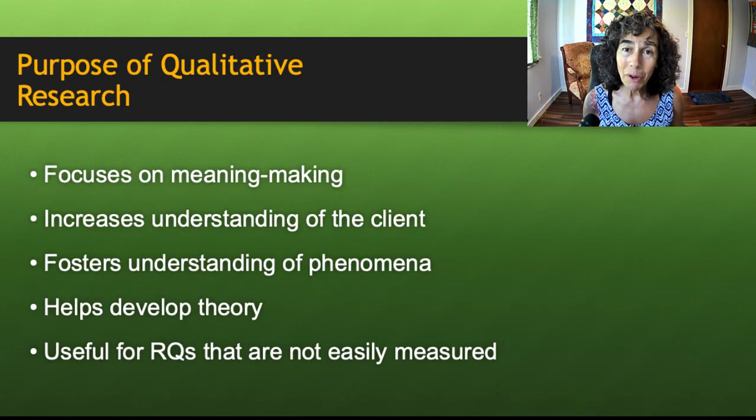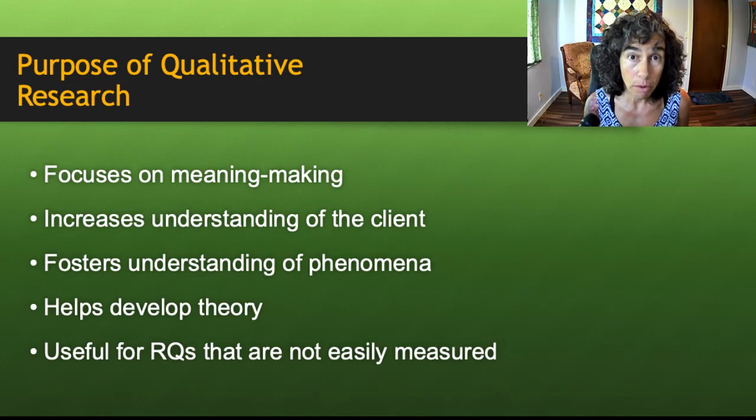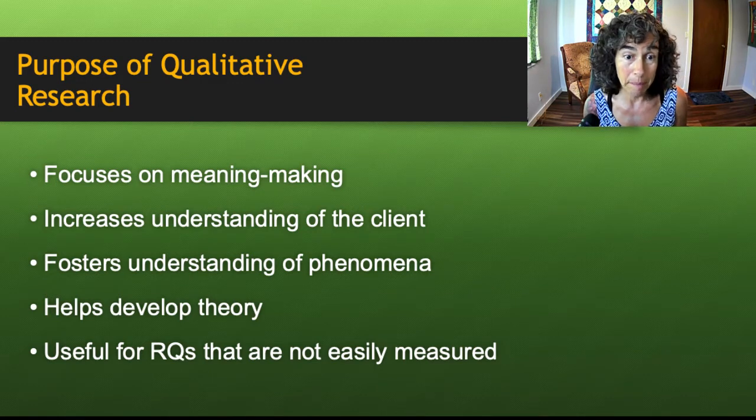The purpose of qualitative research is to make some meaning out of what we see or out of phenomenon or processes. Also to increase our understanding of the client, and that is always important because the more we understand our clients, the more effectively we can treat them. It also helps us to understand a variety of different kinds of phenomena.